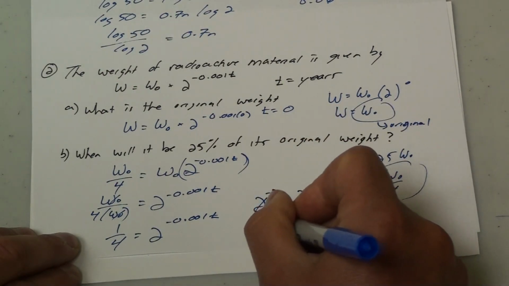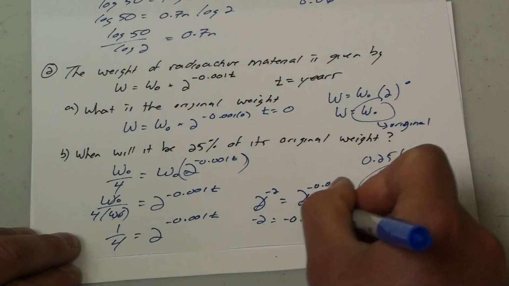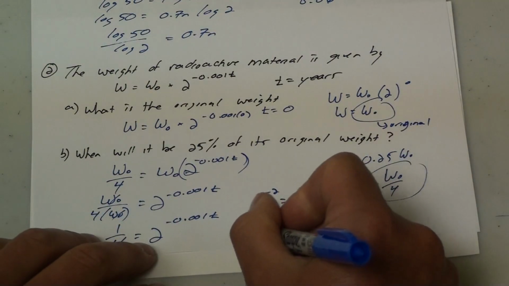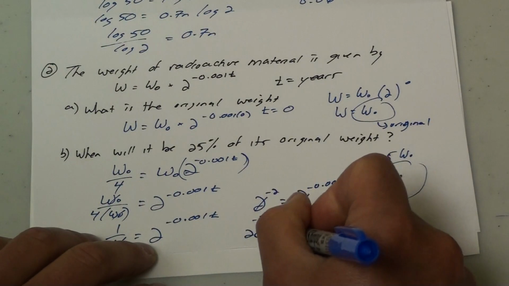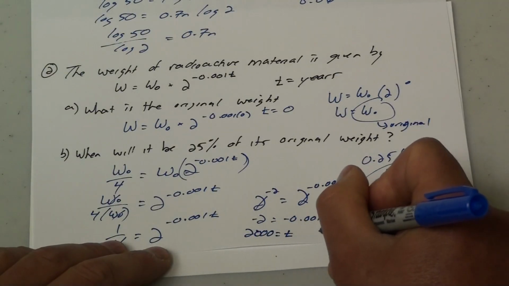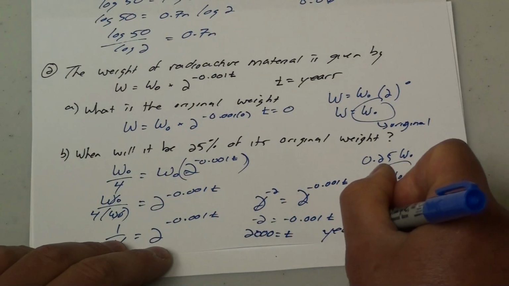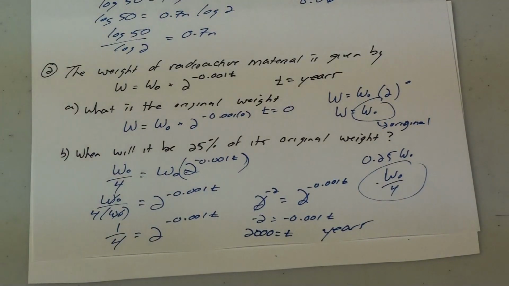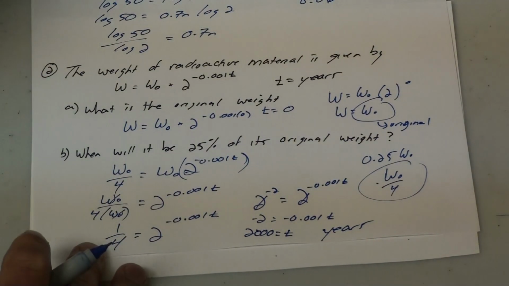So I have negative 2 equals negative 0.001t. Take the 2, divide it by 0.001, and you're going to get 2,000 equals t. So in 2,000 years, the radioactive material will be down to 25% of what it originally was.